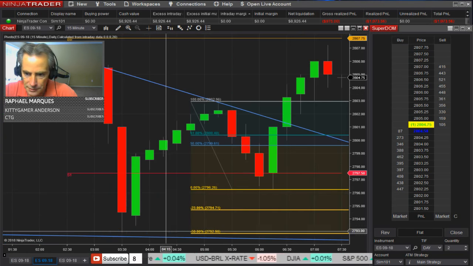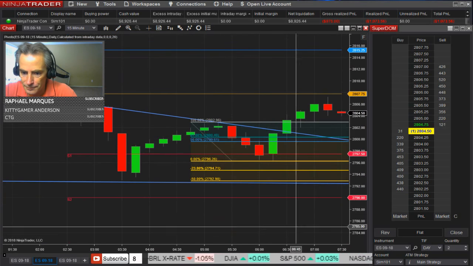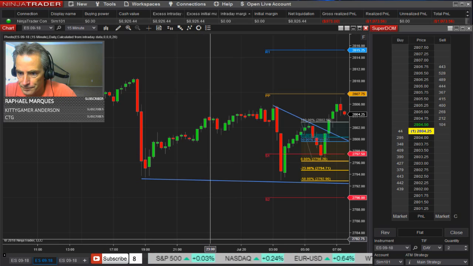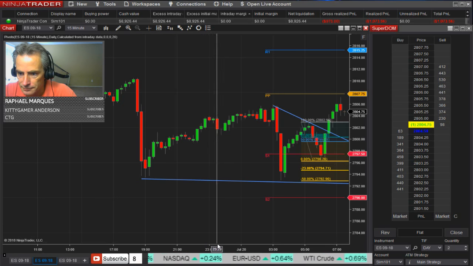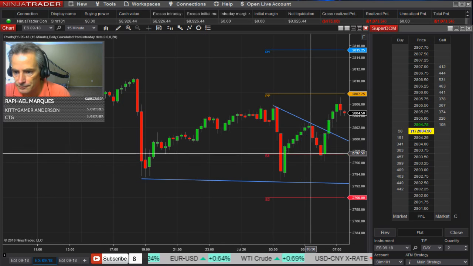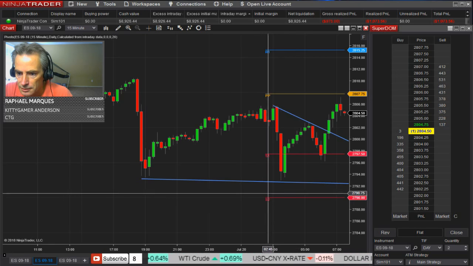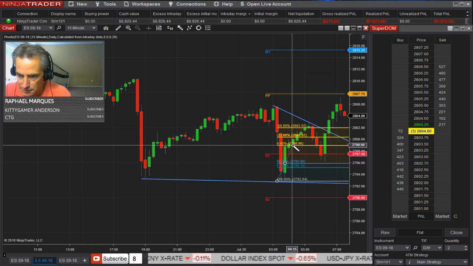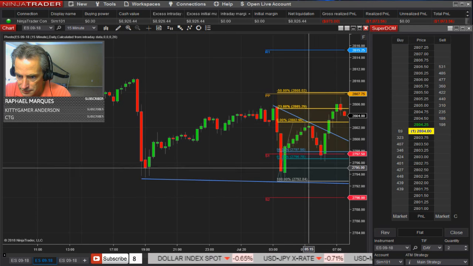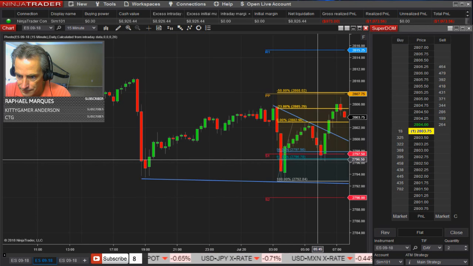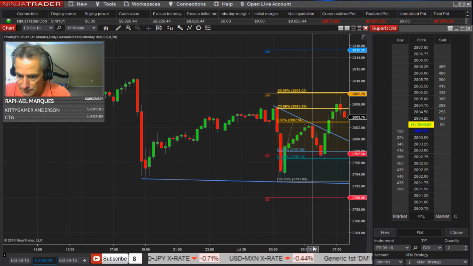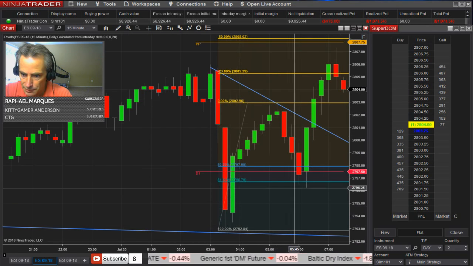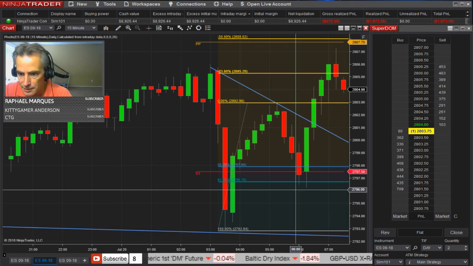Take a look at our 15-minute here. Let's see if it held this. Yeah, so on the bigger time frame, it held the retracement here down to the 50.